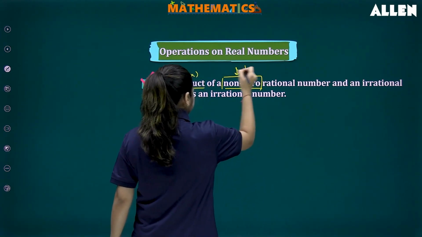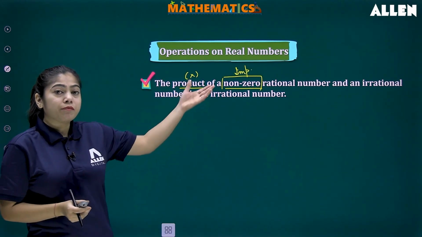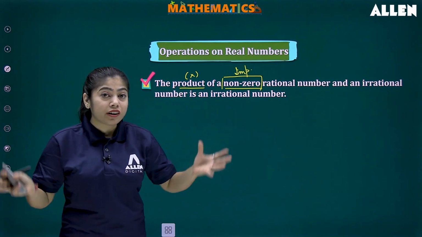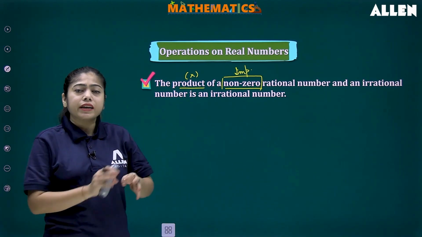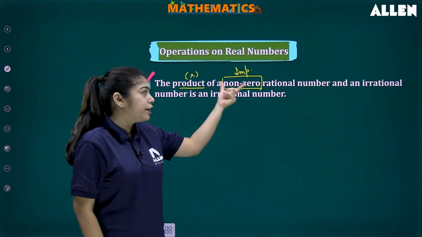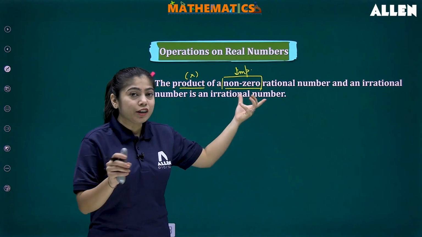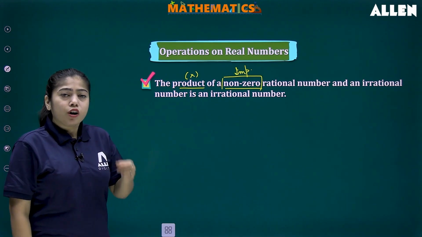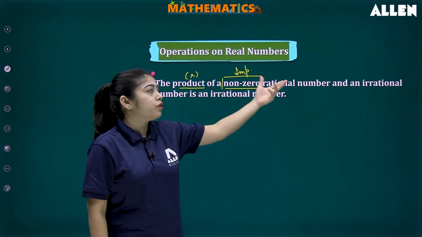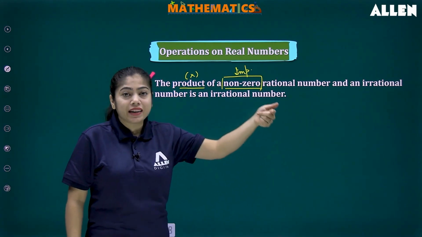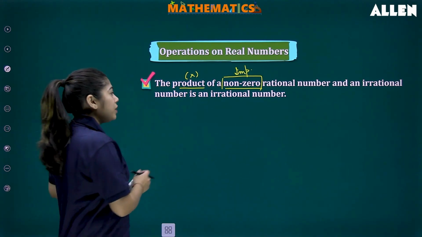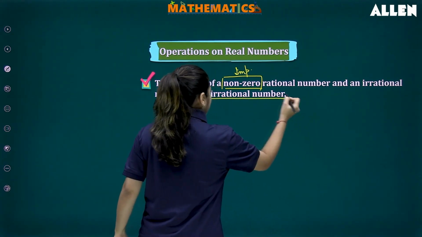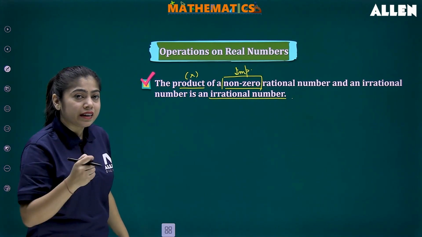As we have mentioned, we are taking all the rational numbers excluding 0. We are not including 0 in our multiplication. Then what will be the answer? Always remember, a non-zero rational number multiplied by an irrational number, the answer will always be an irrational number.